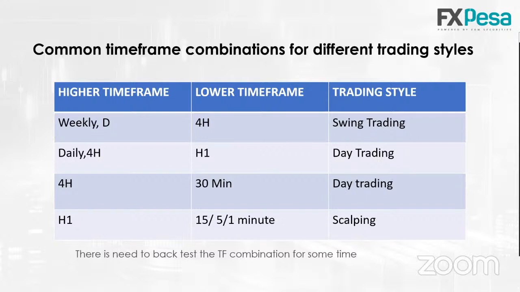Remember, swing trading is where you open trades that run for several days. You want a bigger perspective from weekly key levels, supported by daily levels, and then entry confirmations on 4 hours.